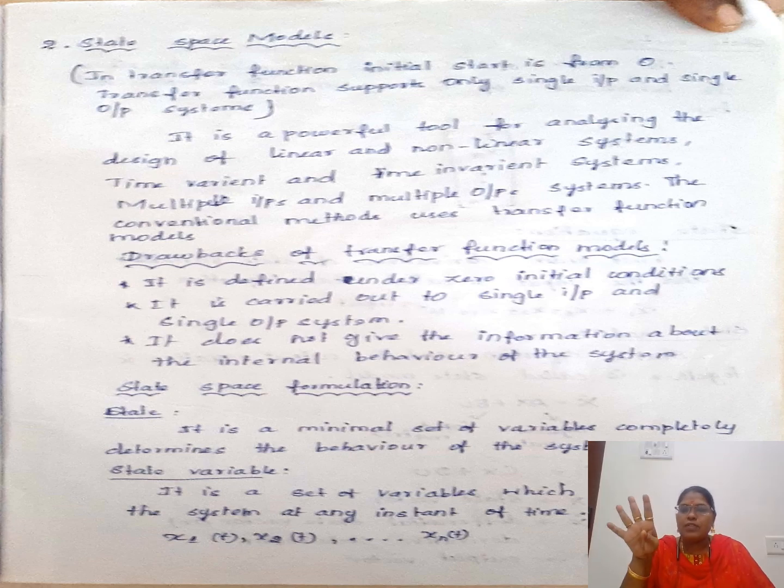Like that we have 4 variables. If there is a problem in any one of the variables, that variable alone we can find and replace. If there is a sensor issue in any control, that particular one is considered as one state variable, so it can be easily replaced and we can easily identify where the fault is.